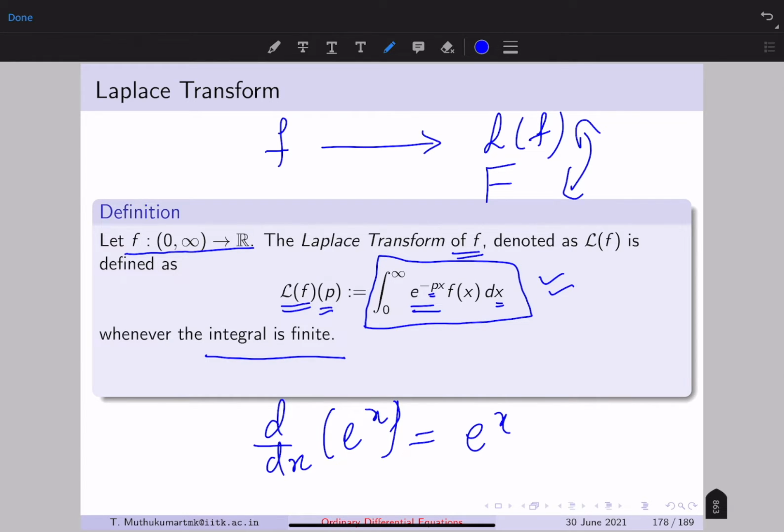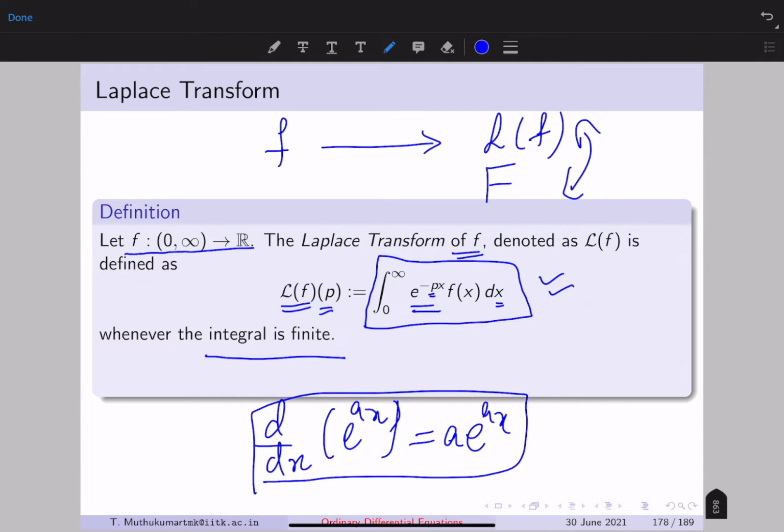If you have an a here, then it comes out as a here and a here. So the exponential has the property that under derivative it behaves like this, and if you take a product, it just becomes the sum of these exponents.